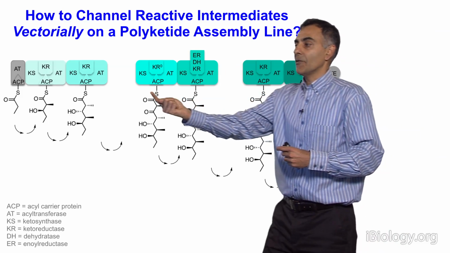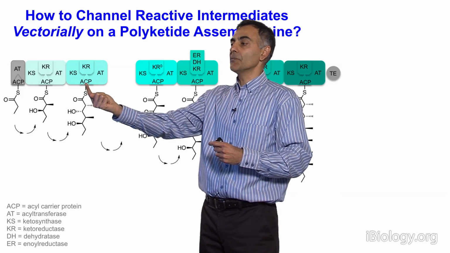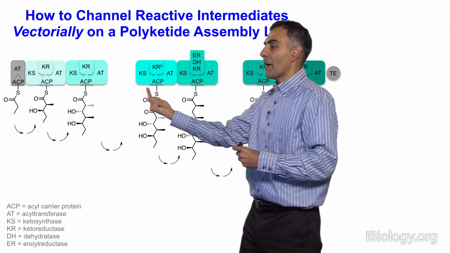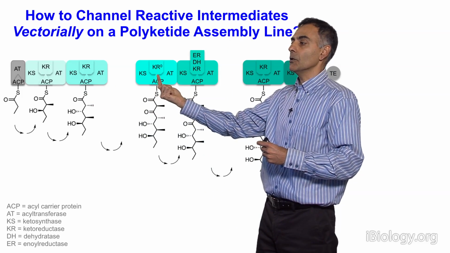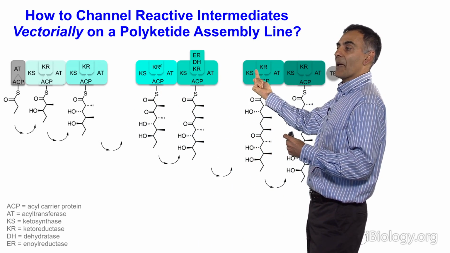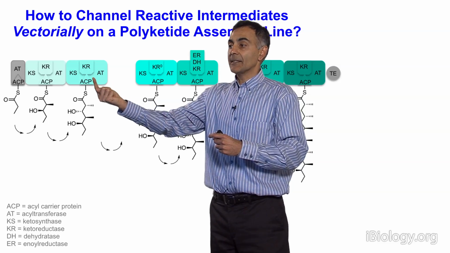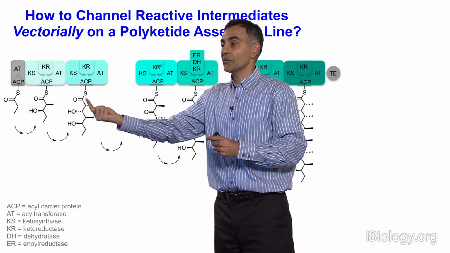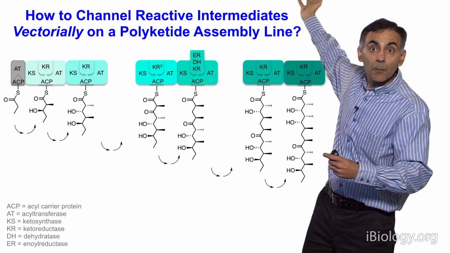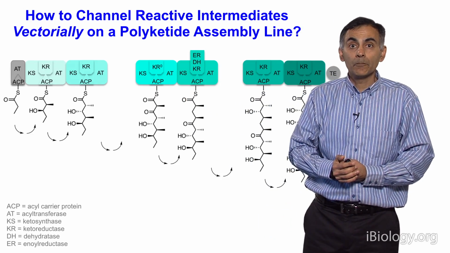Or putting it differently, why can't nature take a product from this module and instead of passing it on to this module, why can't it just skip these modules altogether and pass it on to this? Or why can't it take this precursor and pass it to some other polyketide synthase that's floating around in the same cell?